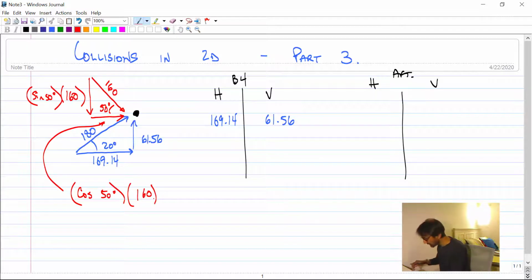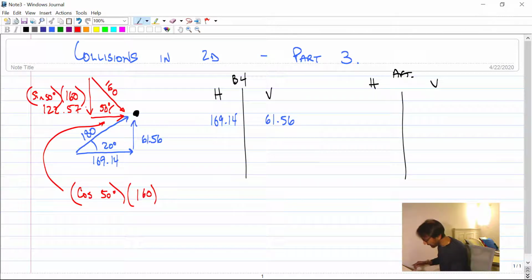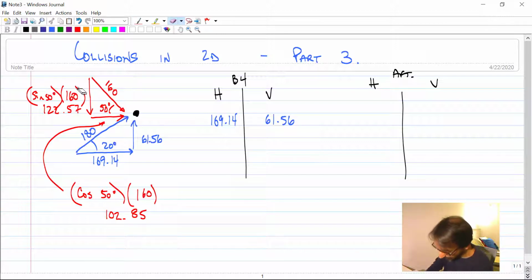And when I do that, sine of 50 times 160 ends up being 122.57, and cosine of 50 times 160 is equal to 102.85.